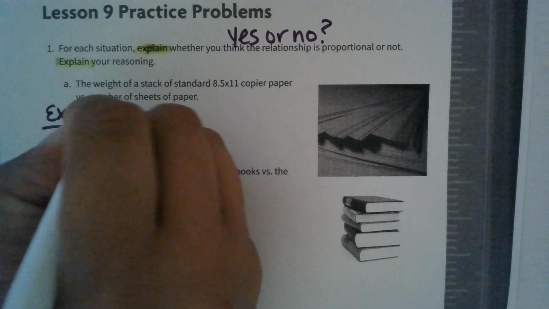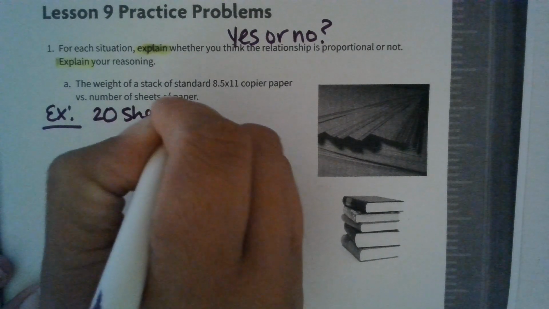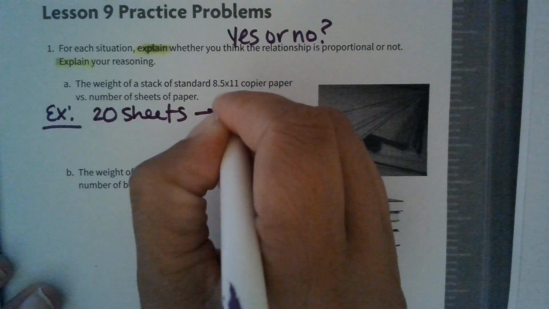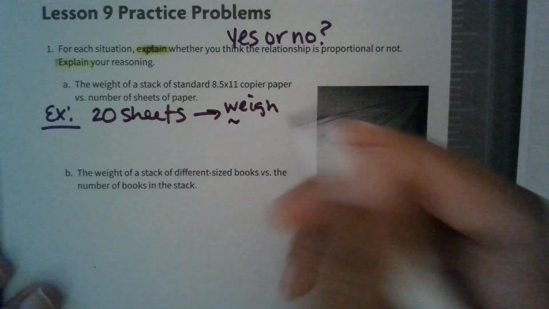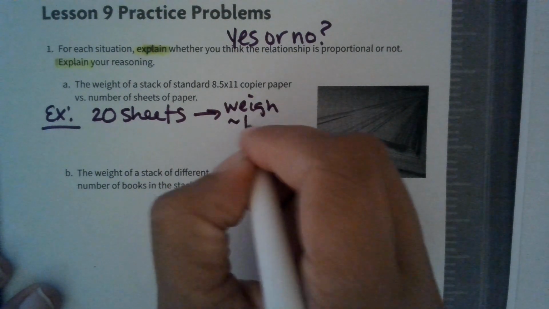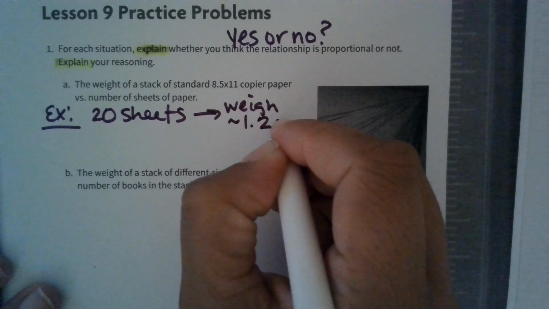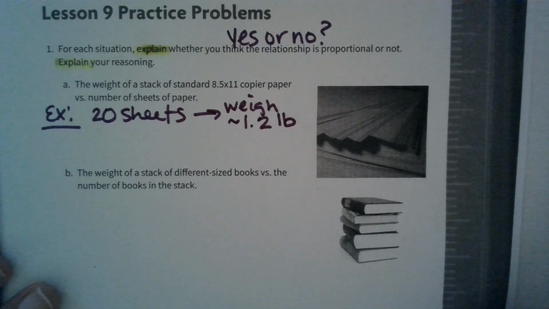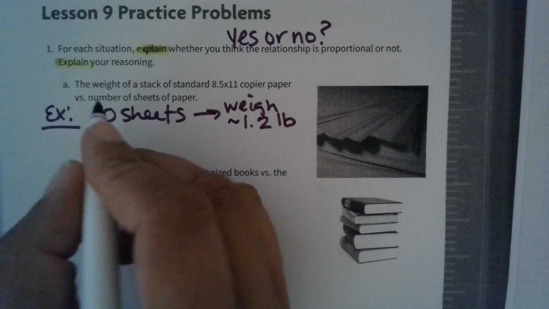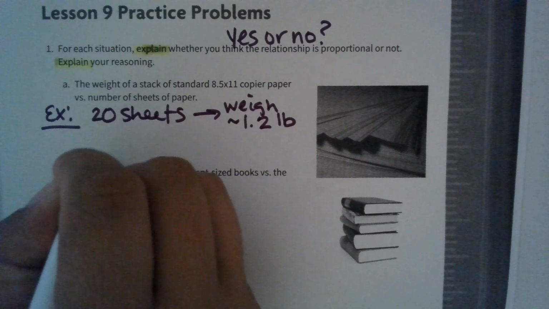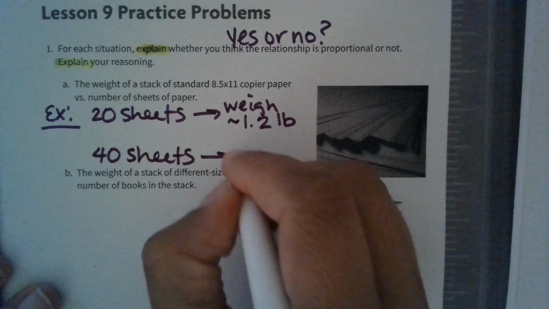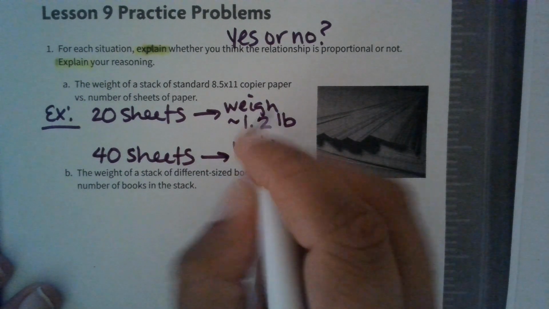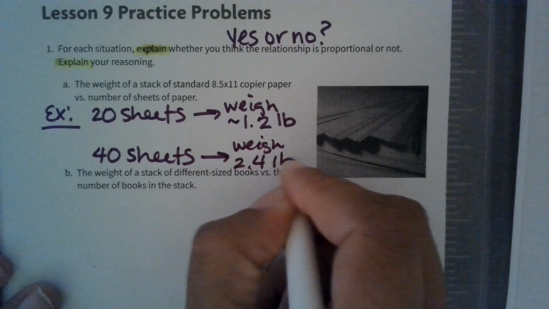So if I have 20 sheets of paper and it weighs, let's do 1.2 pounds. That means if I was to double that up, what if I end up having 40 sheets, and it weighs 2.4 pounds.